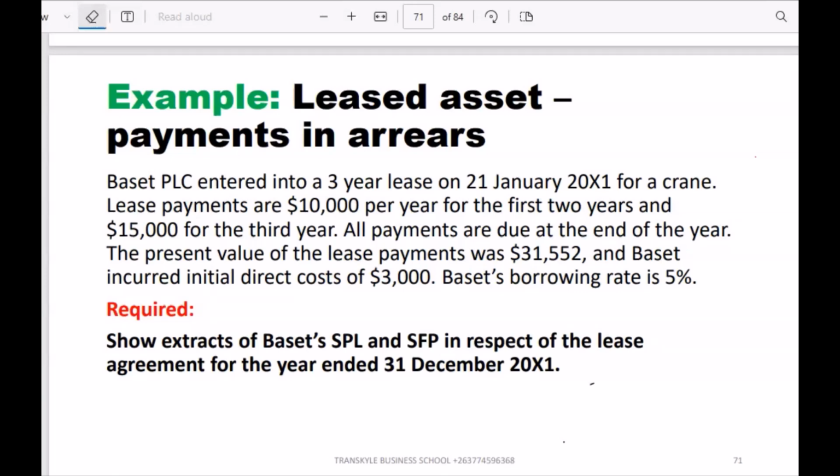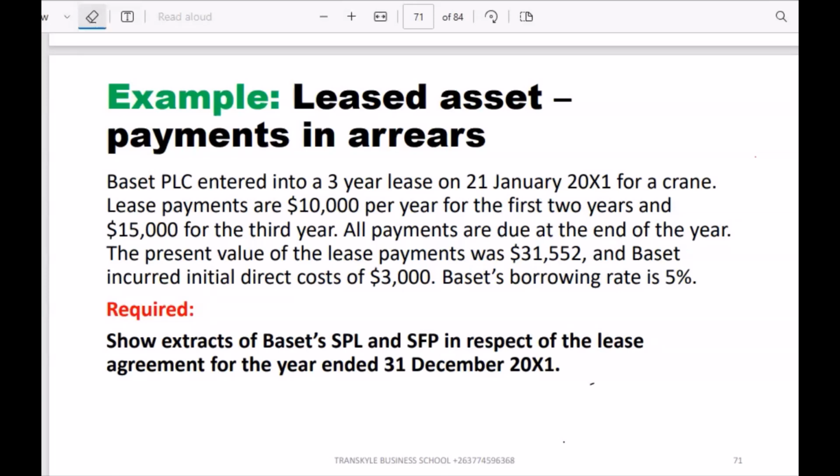Their concerns matter. So we've got Bassett PLC, which entered into a 3-year lease on 21st January 20X1 for a crane. Lease payments are $10,000 per year for the first 2 years and $15,000 for the third year. All payments are due at the end of the year.